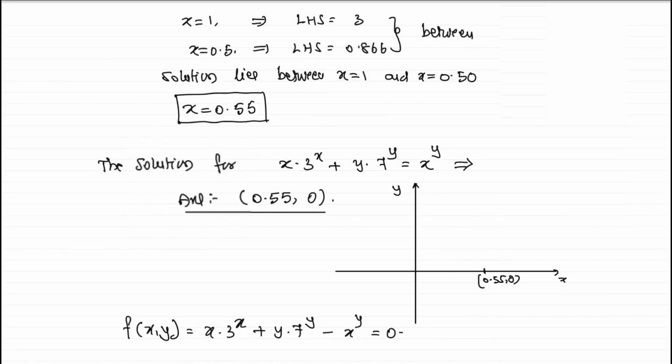This is the function. We will trace this function, draw the graph, and find out from the graph whether 0.550 is a correct answer or not. We will cross verify.